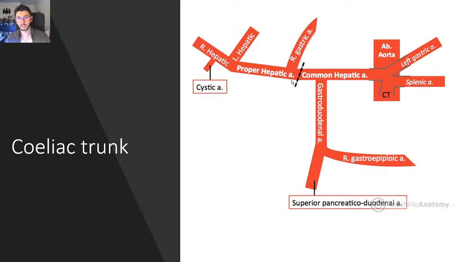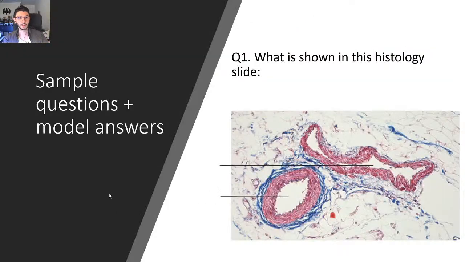Splenic artery goes to the spleen and supplies parts of the pancreas as well. And then the common hepatic, right gastric artery, proper hepatic, left hepatic, right hepatic, and a small branch for the cystic duct. This is a good picture to keep in your mind when you're looking at the different blood supplies. So that's the first part.